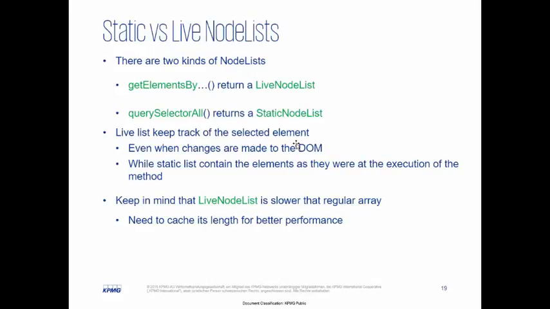About the NodeLists, there are two scenarios where you get a list of elements on the page, a collection of elements on the page. One of them would be a live collection, and the other would be a static collection. So if you're talking about a static collection like the one that returns from the querySelectorAll, what you get is a collection of elements that stay static in your variable and does not change when the page gets updated.